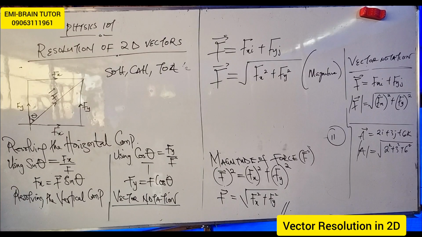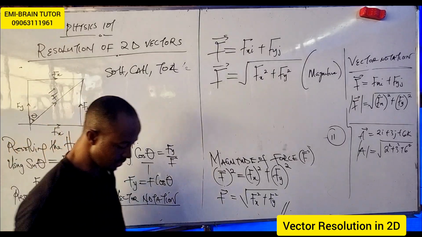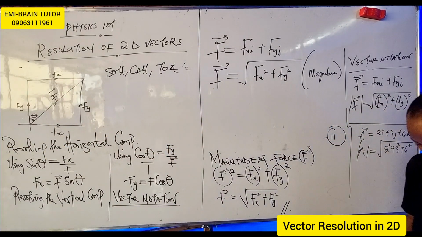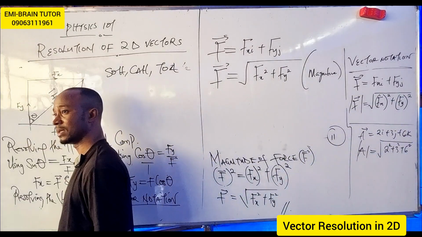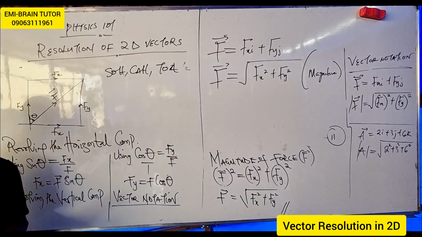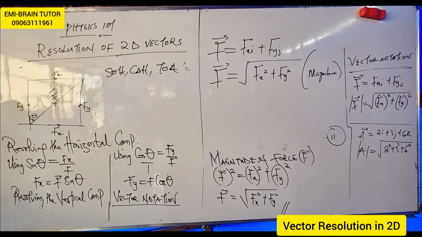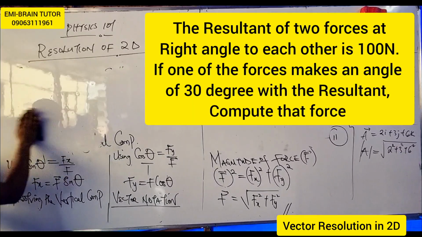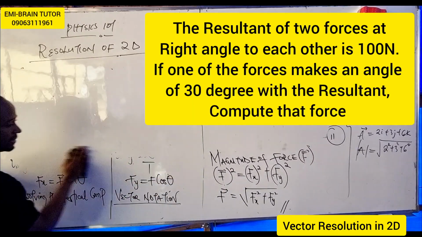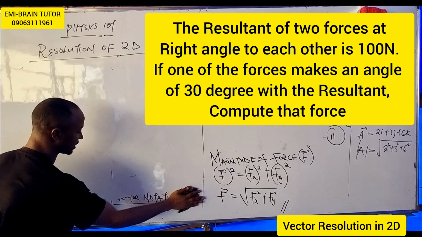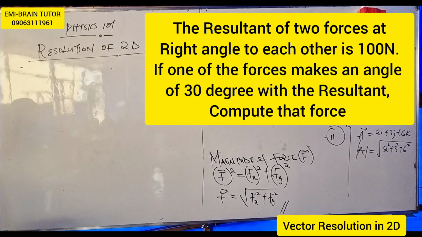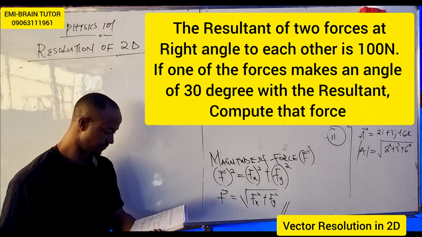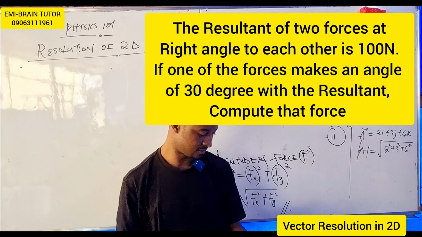From your textbook: the resultant of two forces at right angle to each other is 100 Newton.